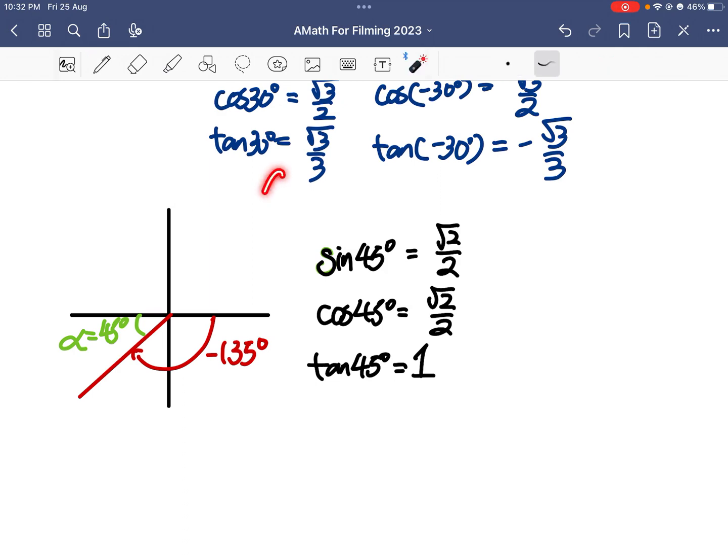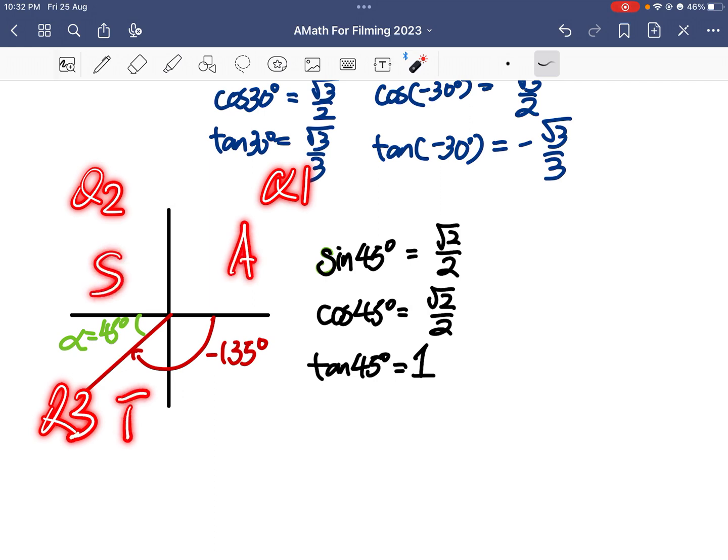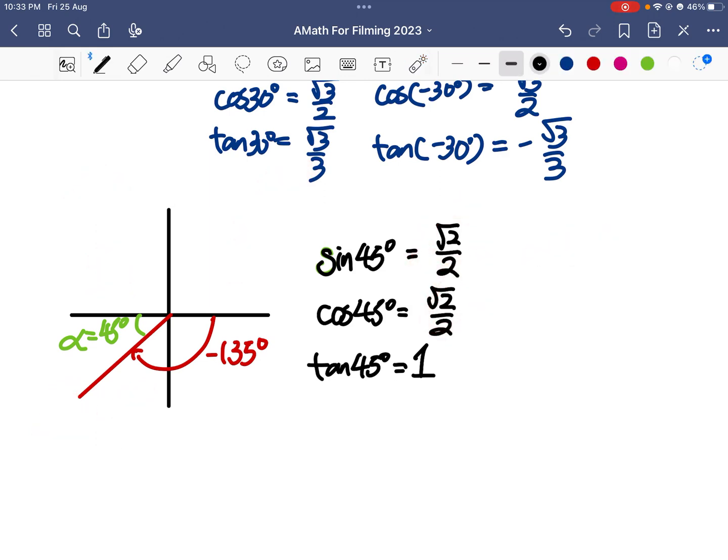So now, which quadrant am I in? Quadrant 1, quadrant 2, quadrant 3. So quadrant 3, if you remember ASTC, only tangent is positive. Sine and cosine will be negative. Hence sine of negative 135 degrees is equal to, quadrant 3, sine is negative, so it's negative root 2 over 2.